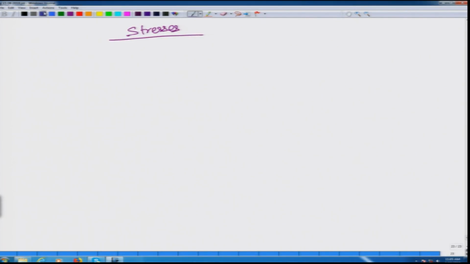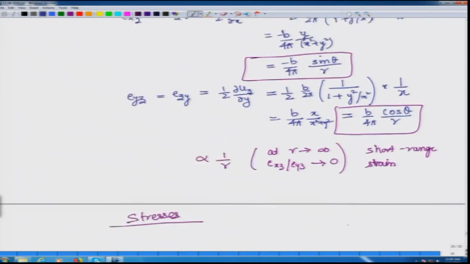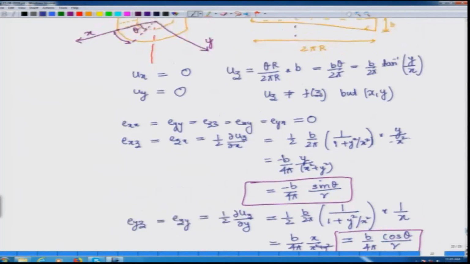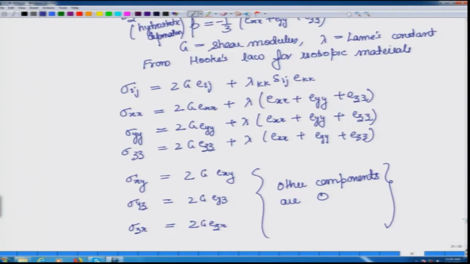So, for that we will use the Hooke's relation, and in the Hooke's relation again, let us see how the Hooke's relation was. What you want over here is that for sigma xx there should be Exx, for sigma yy there should be Eyy, for sigma zz there should be Ezz. All of these are not present, what we have is only Eyz and Ezx.